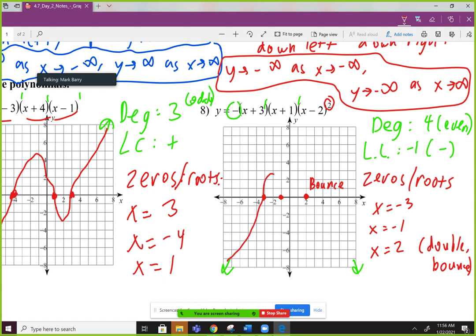I go through the x-axis and then back down. On this one though, I'm going to bounce off that one. So you can see it doesn't break through to the top half that time. And now it goes back down to the bottom. So since it came from the bottom, it bounces back down to the bottom. If that one came from the top, it would bounce back up to the top.